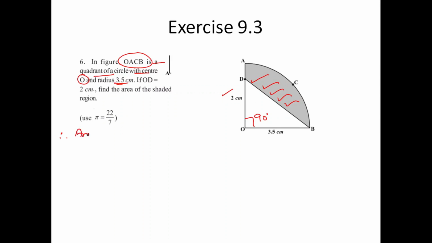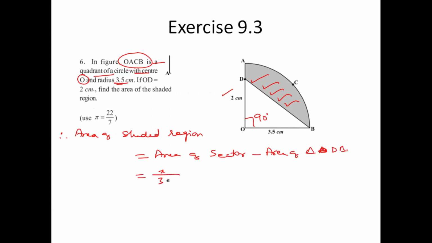The area of the shaded region is equivalent to the area of the sector minus the area of the triangle, clearly, right? So the area of a sector is x by 360 into pi r squared, minus half into base, which is your OB, and your height is OD.